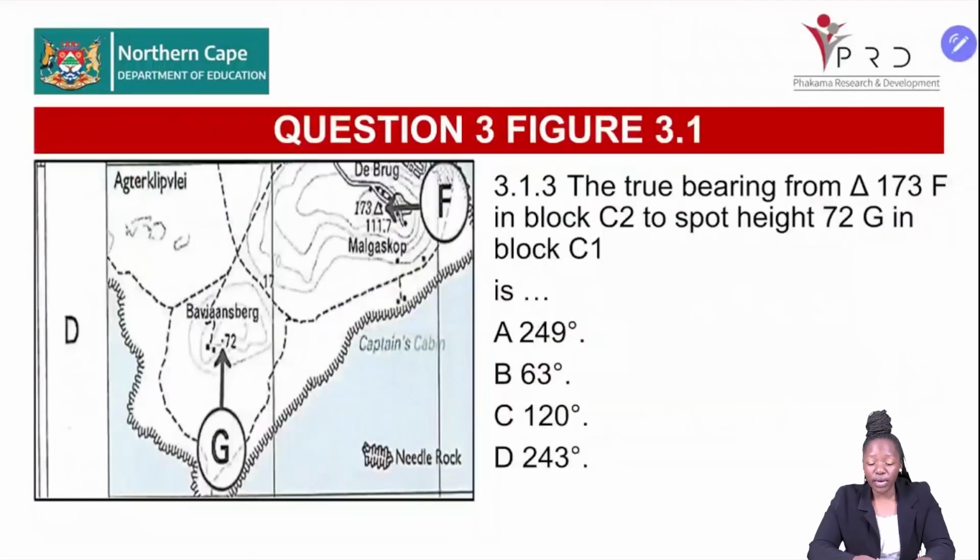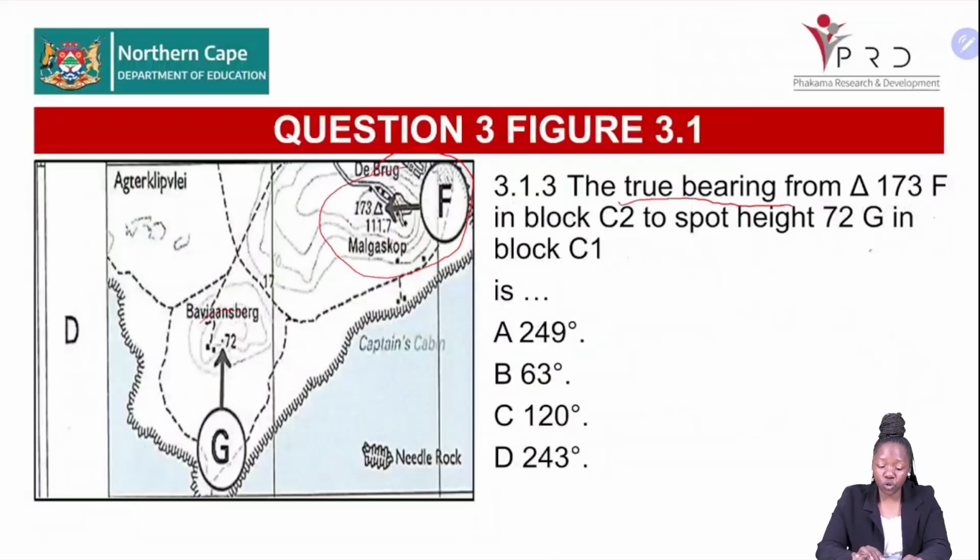Then we're looking at our third question, still on the map skills and calculation. Your 3.1.3, the true bearing. We are now looking at the true bearing from the trig beacon 173F in block C2 to spot height 72G in block C1. So this is the one that we are looking for, up until your spot height G at 72.